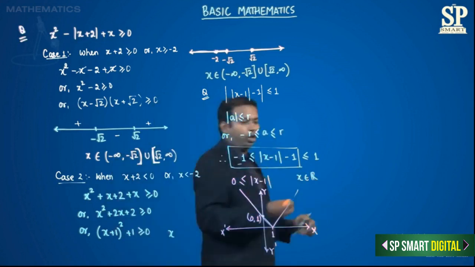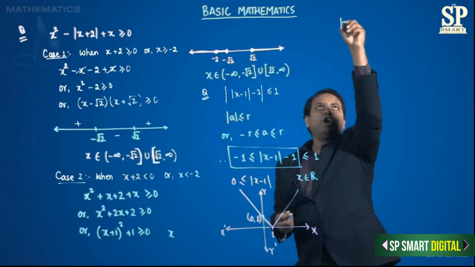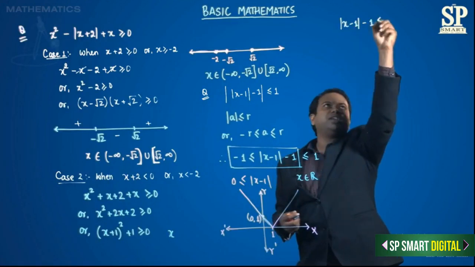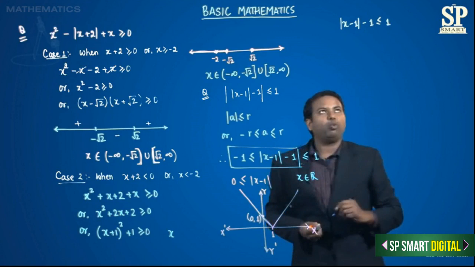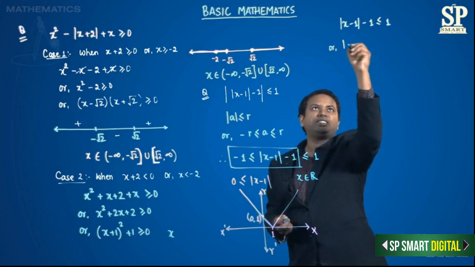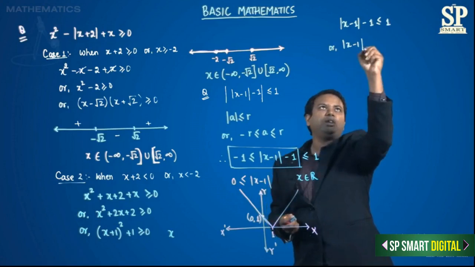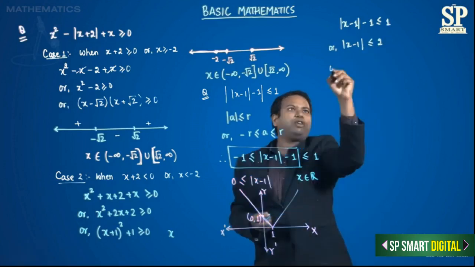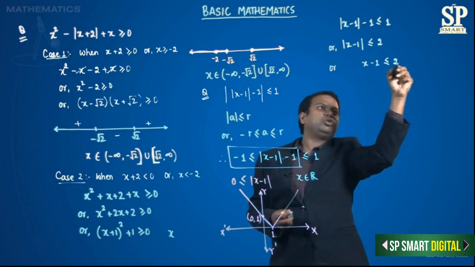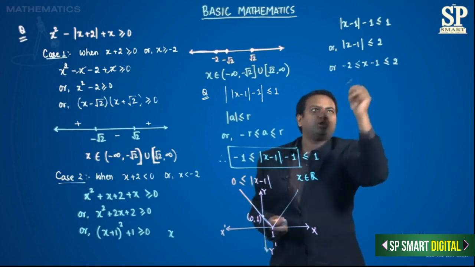Let us now try to satisfy the other inequality, which is modulus of x minus 1 minus 1 is less than or equal to 1. So if we add 1 on both sides, what we have is modulus x minus 1 is less than or equal to 2, which means again we can write x minus 1 is less than or equal to 2 and greater than or equal to minus 2.